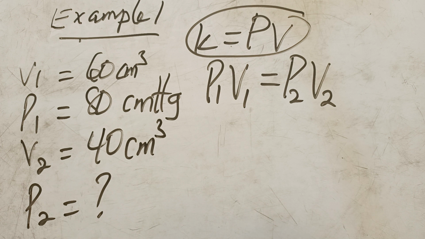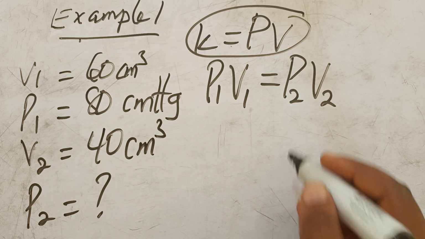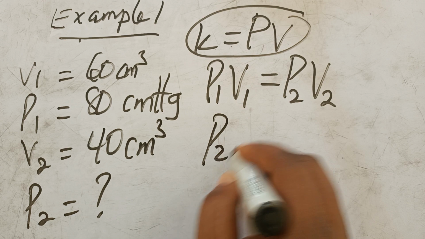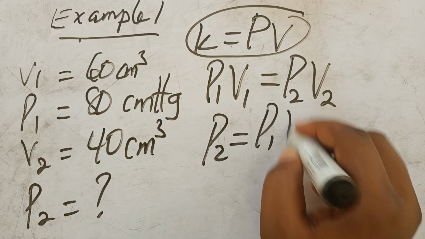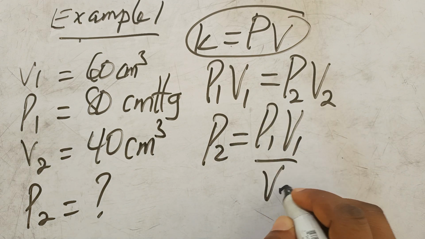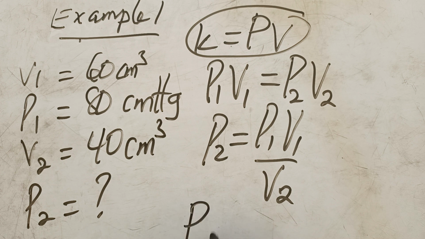Now we are asked to find P2. From here, we know that P2 is equal to the product P1 V1 divided by V2. So we just put in our values and then we can solve for P2. I hope you've solved for P2. Solve for P2 now and give me an answer.